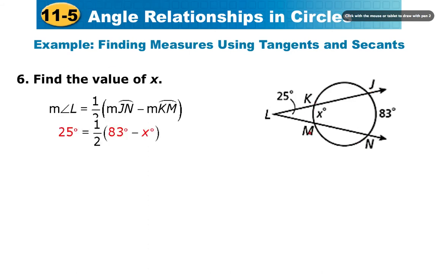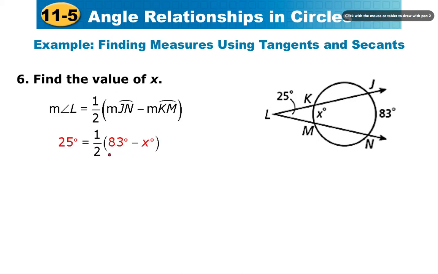I substitute. The exterior angle is 25, that's what we have here. Bring down the 1/2. Arc JN is 83 degrees, that's what you see here. Arc KM is X, which is what we're looking for.